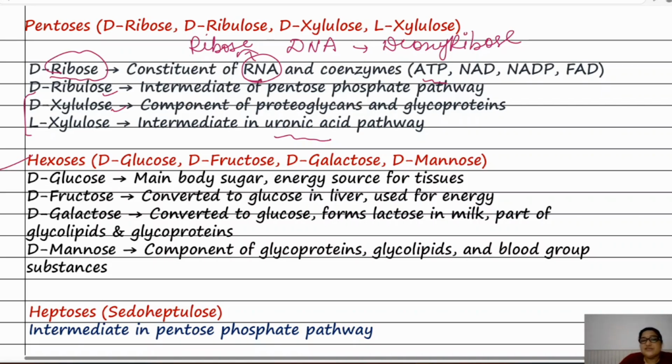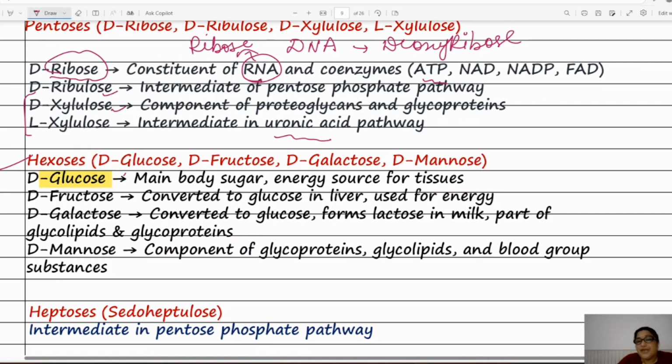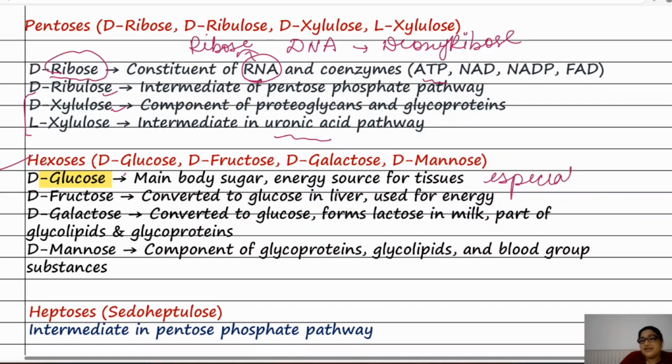Whenever it comes to glucose, we were talking about blood to brain; everyone needs glucose. Glucose is the main body sugar and the main energy source for almost all tissues, especially the brain. The brain exclusively survives on glucose.